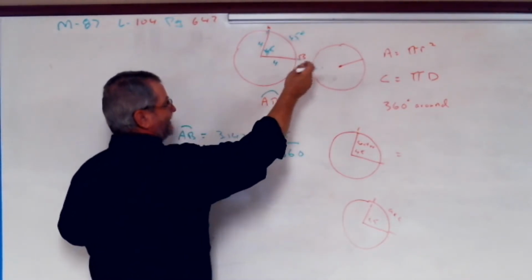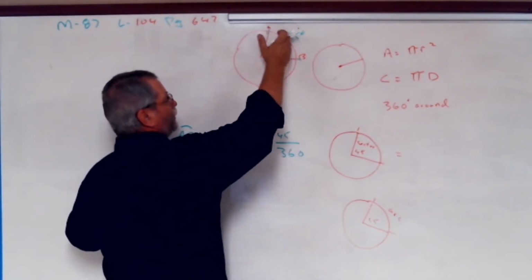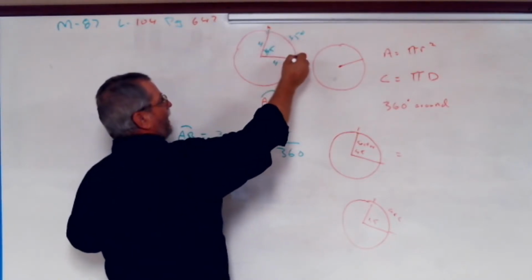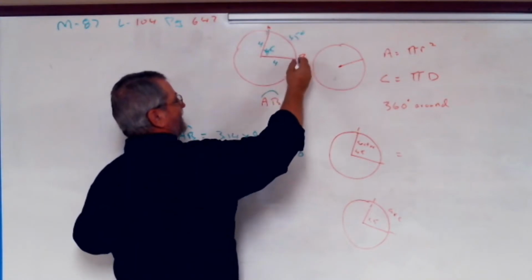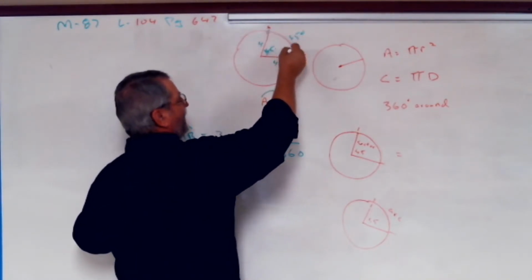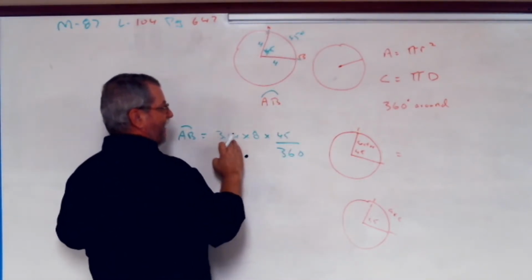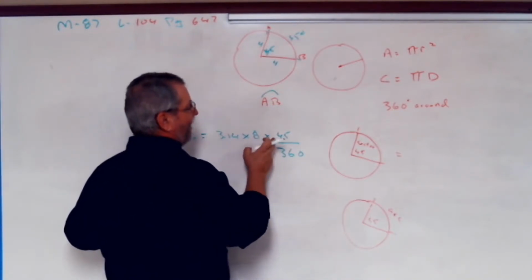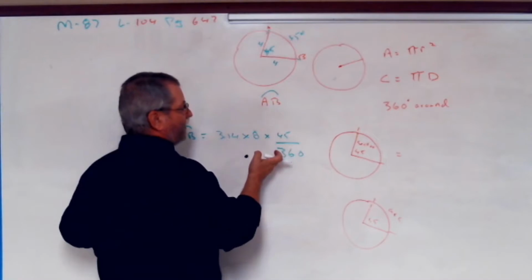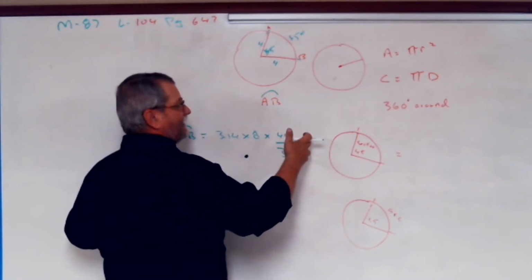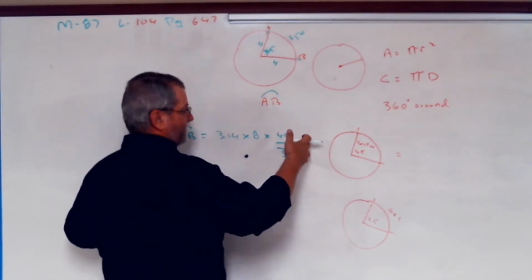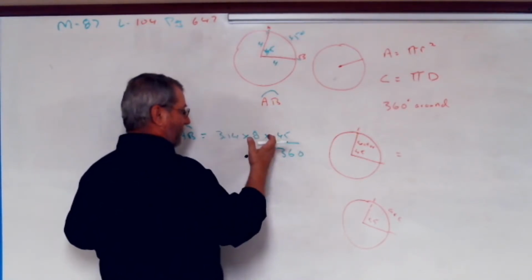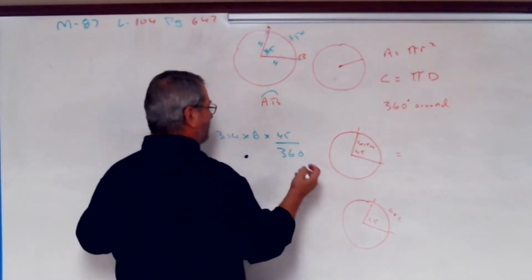That's not the distance, that's the arc, the degrees that it opens up to. That's how big the angle is. From here all the way around is 360. What I want is just this piece of it. So I find the entire circumference and I multiply it by 45 degrees out of 360. Divide here first, reduce. Cross cancel anything that you can and then multiply. All right, so this is the arc right here.